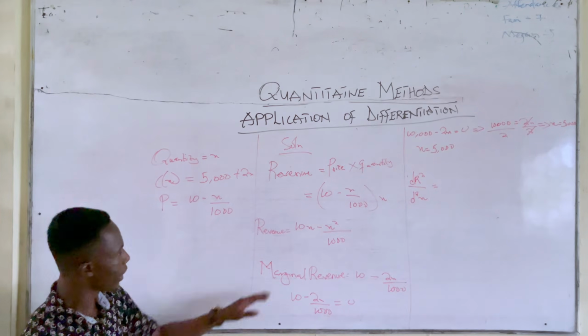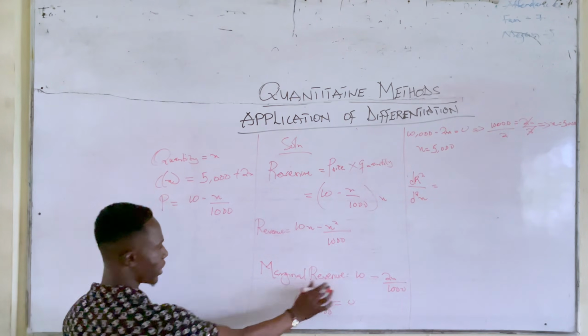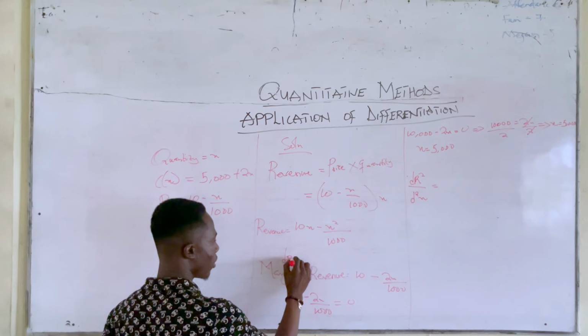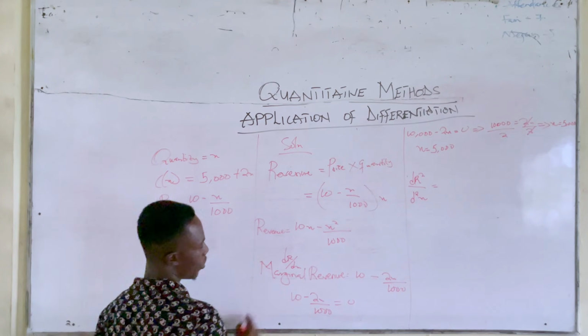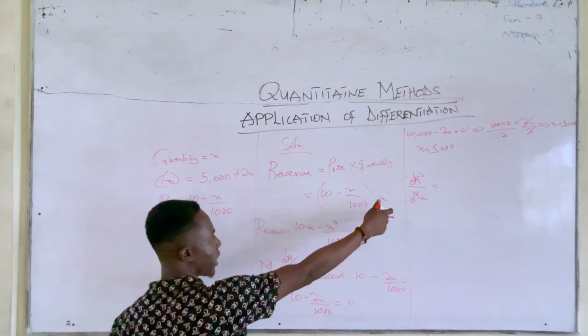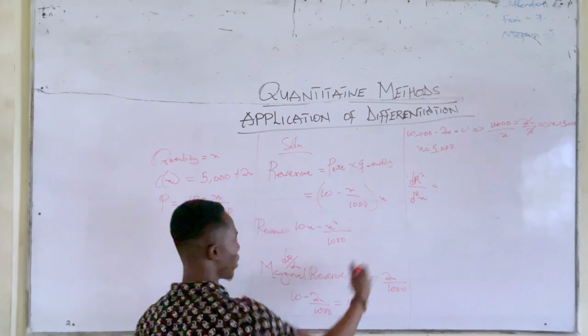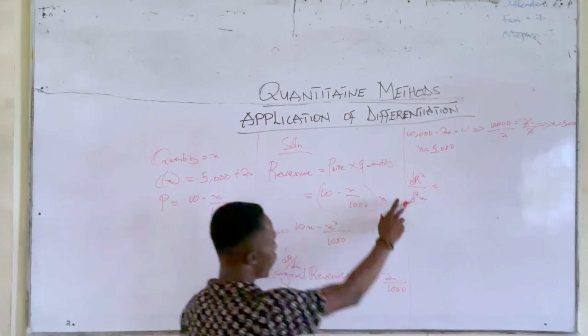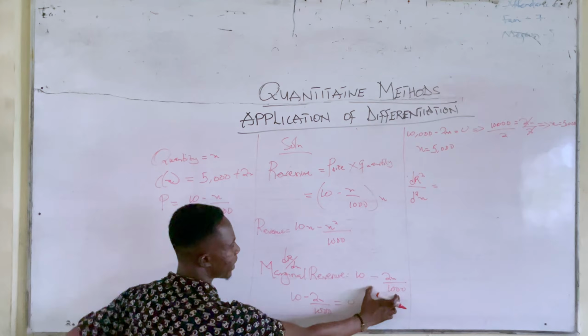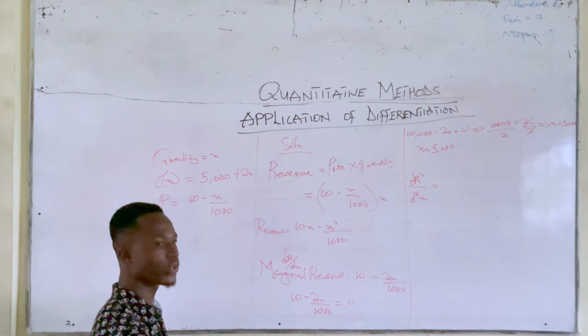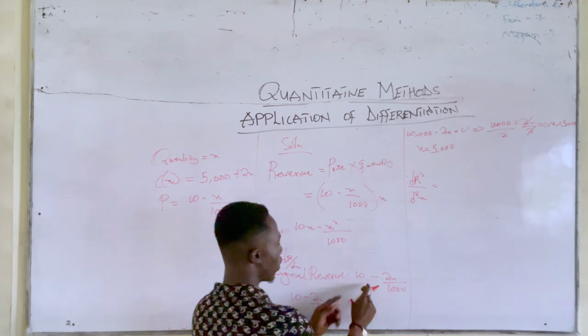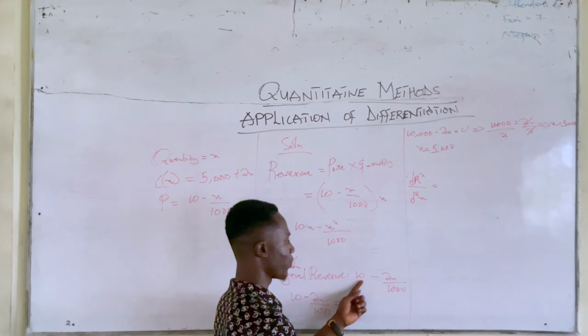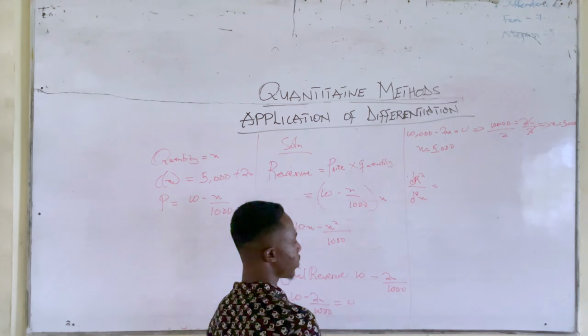Don't forget, this is revenue, and we differentiated it to get dR over dx. The second differential is d squared R over dx squared. So we are going to differentiate this function again to test whether it is maximum or minimum. If you differentiate this, you get 0. If you differentiate this, you get what?